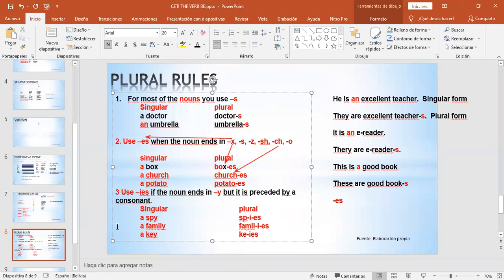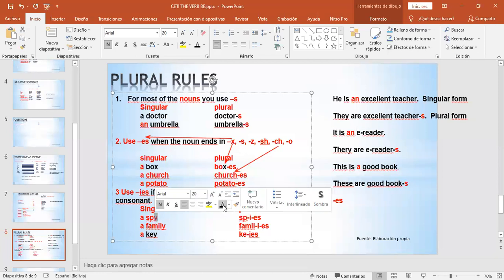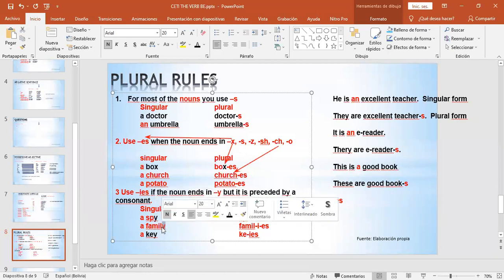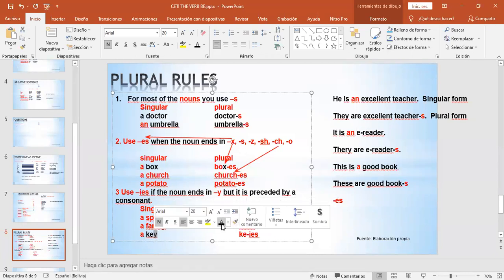Oh no, what happened here? Now pay attention. This is a clear example. You must not confuse it. Why? The rule says, use IES if the noun ends in Y. Spy is Y. Family is Y. Key is Y. Perfect.